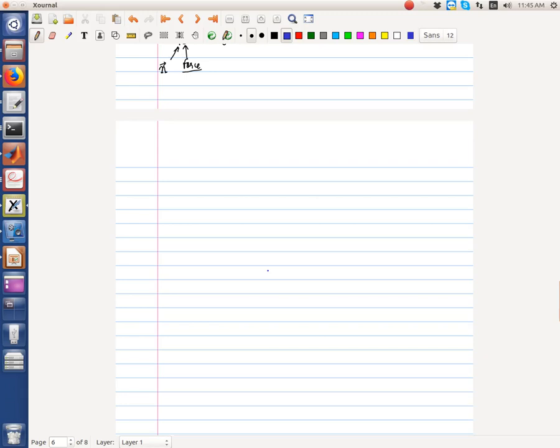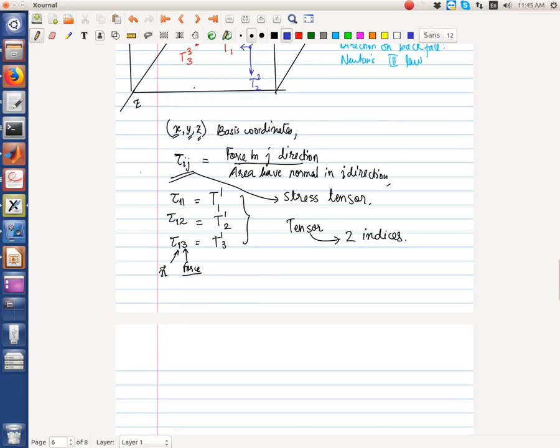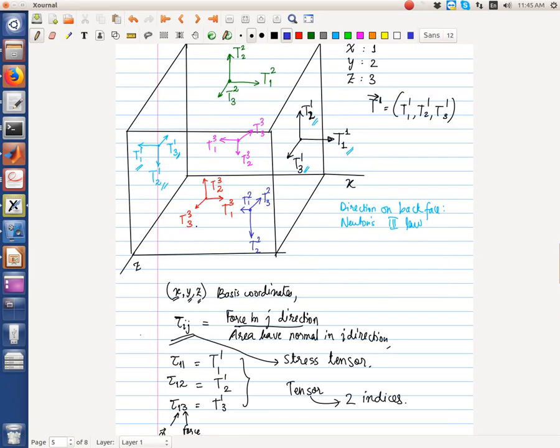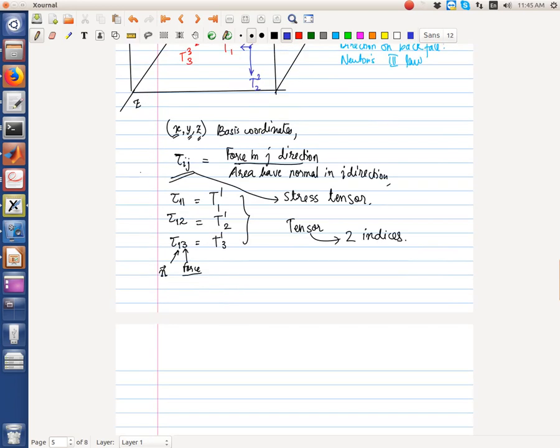Okay, so in the last video we have seen that the traction vector on the faces of a cube are represented in terms of a stress tensor. A stress tensor has two indices.